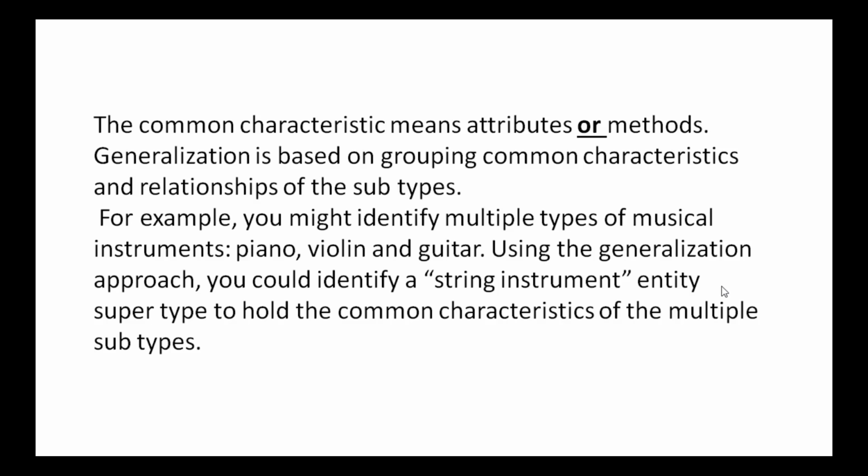Just see this diagram. For example, there are multiple types of musical instruments, like piano, violin, and guitar. Using this generalization approach, piano has some unique characteristics, violin has some unique characteristics, and guitar has some unique characteristics.